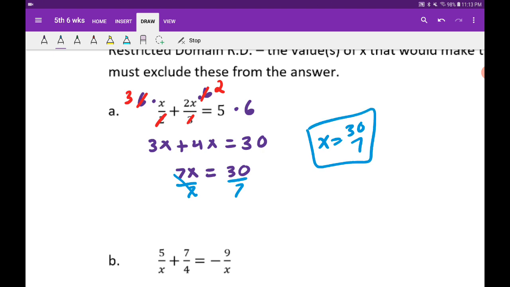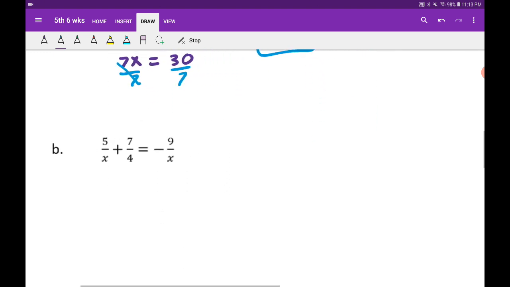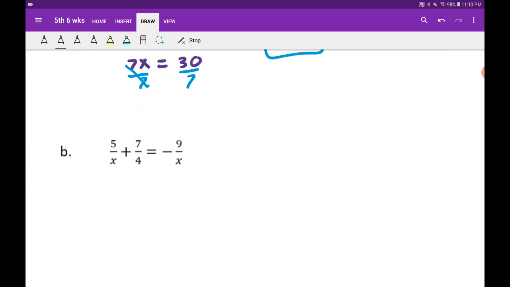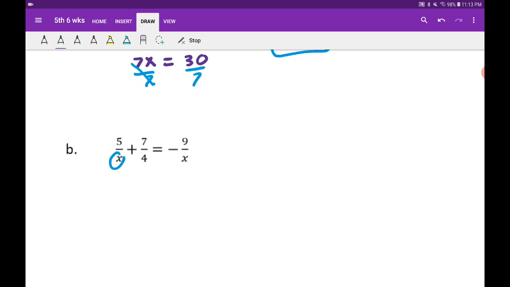If we look at example B, it's very similar to A, a pretty simple equation, but we do have some denominators here. Just ask yourself, looking at that 5 over x, what number does x have to be to make my denominator a 0?